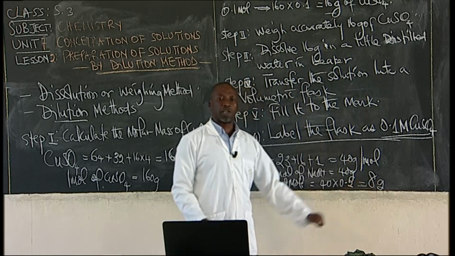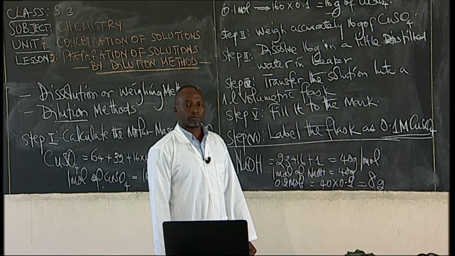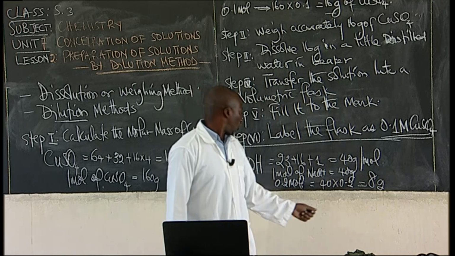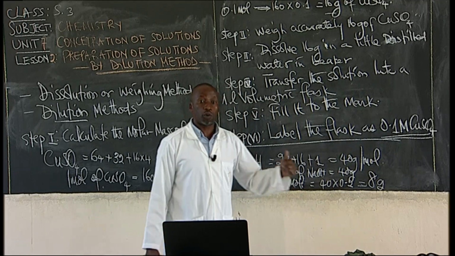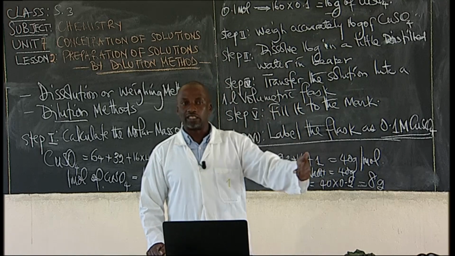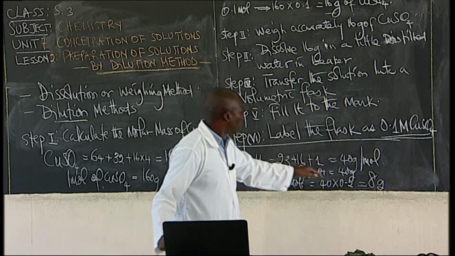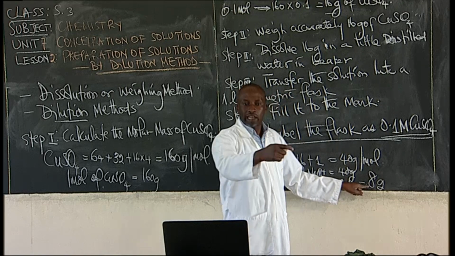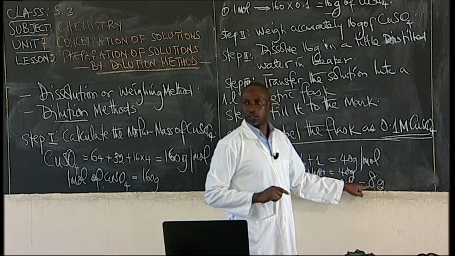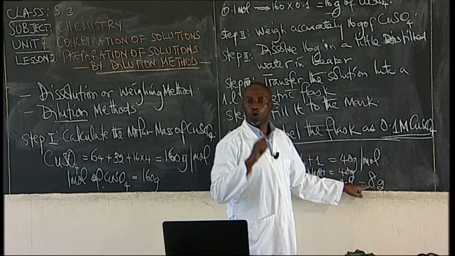Now you have to measure 8 grams. Remember these 8 grams, because 0.2 is the number of moles in a liter. So these 8 grams are supposed to be in 1 liter. But what we are asked for is 100 cubic centimeters, or 100 mL.